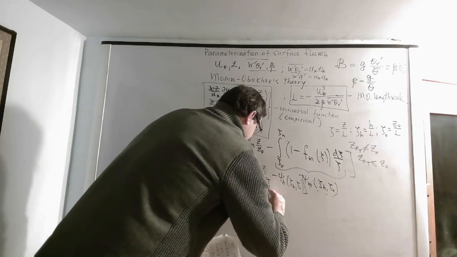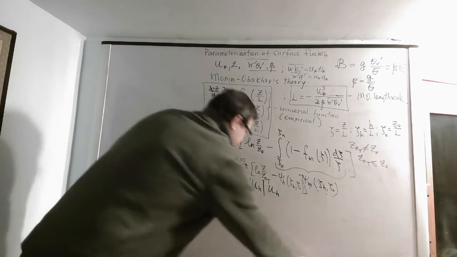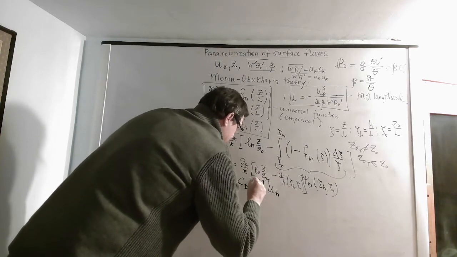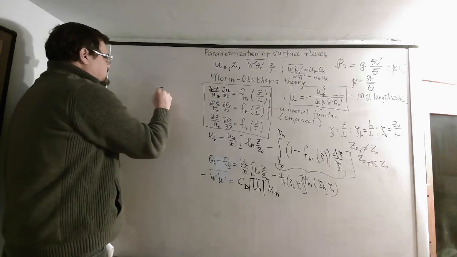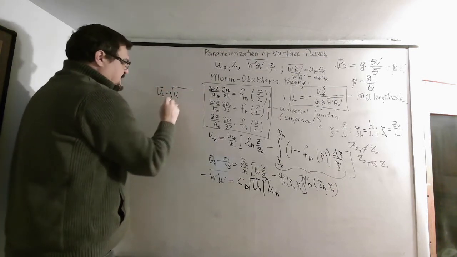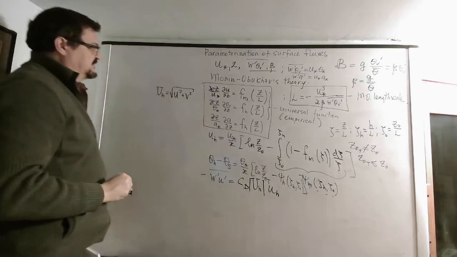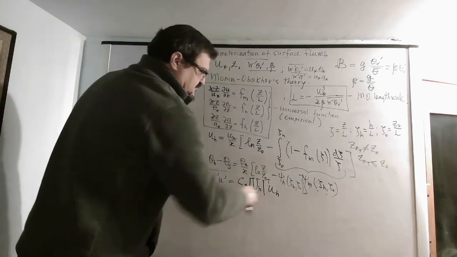times u h. Well, this one should be capital U. Let's call it capital U. So capital U h equals the square root of u squared plus v squared. So this is just the absolute value of the wind, and this one is the actual wind.